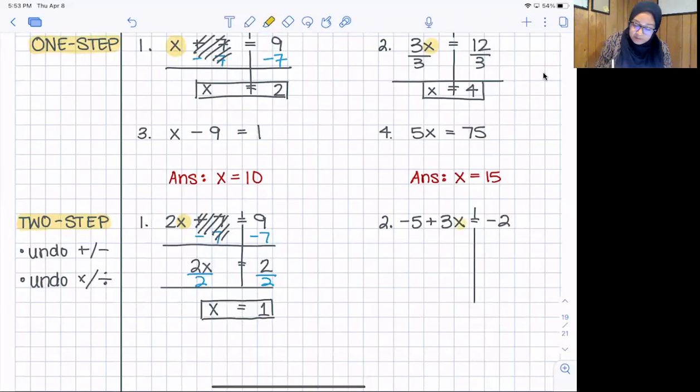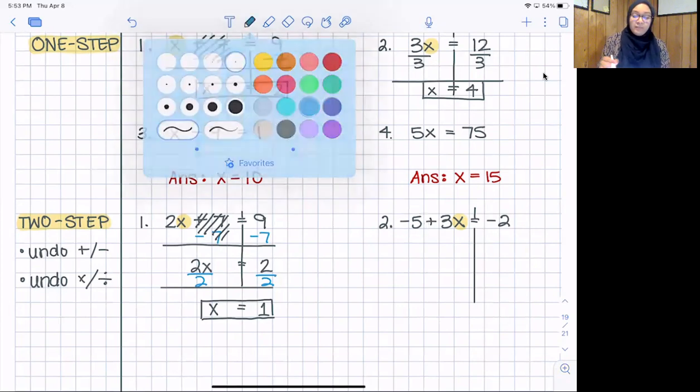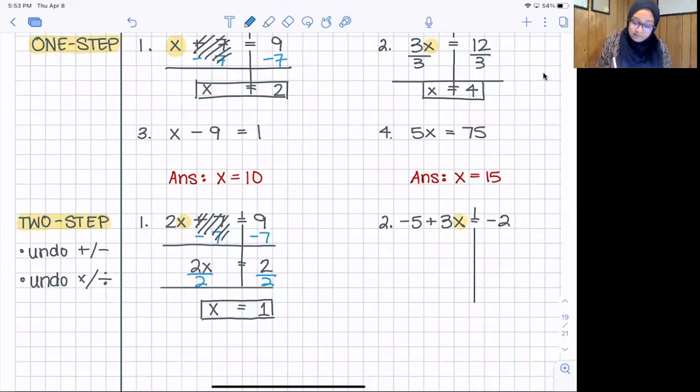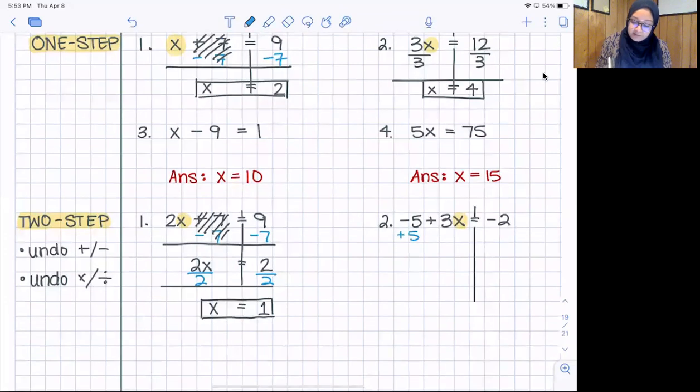My variable is right here. Now it looks like, wait, isn't 3x being added? But remember, 3x means multiplying. So this is a -5. That's the number I'm getting rid of first. Opposite of -5, +5.